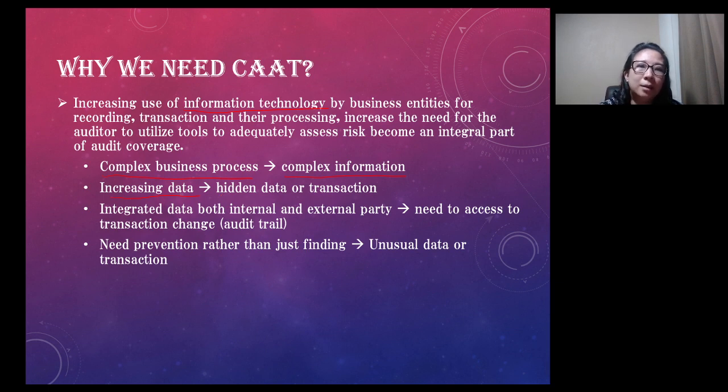When the data increases, there is a possibility that we have hidden data or transactions. So that's why CAAT is used, to reveal whether there is hidden data or transactions, or unusual information.